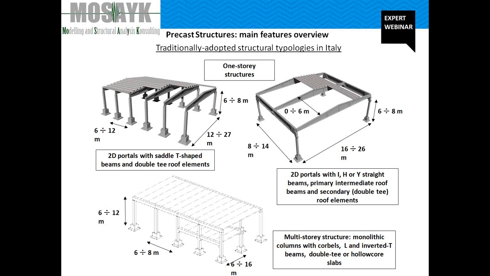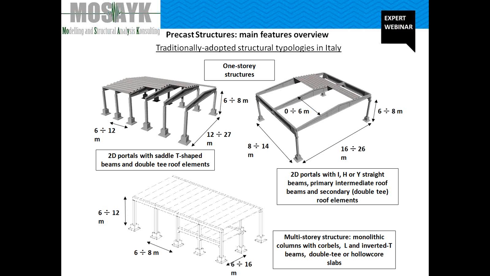The stability of the system is totally based on the cantilever action of the column and on the good response of the column foundation connection. The maximum span length in seismic zones is less than 27-28 meters, and the maximum distance between the portals, which depends for sure on the span length, is usually 10-12 meters.